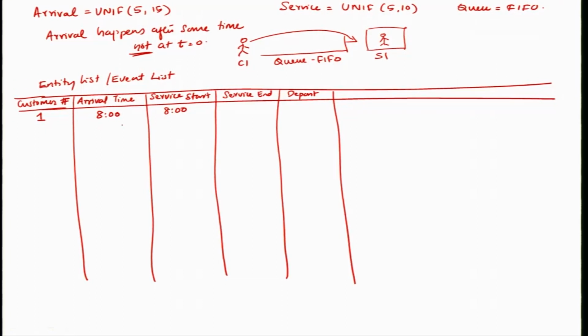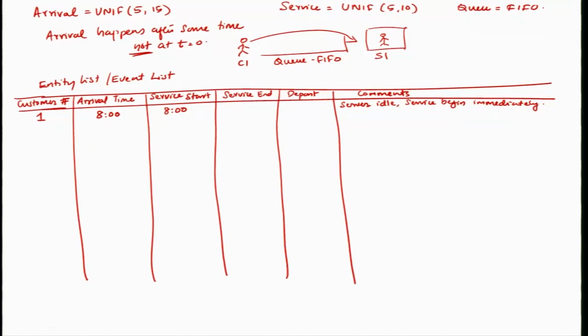I will write my comments here, so it is easy for you to follow. Server idle, service begins immediately. And now the service time, when will the service end? You have to sample a time uniform between 5 and 10.